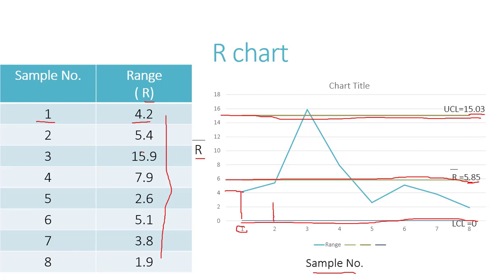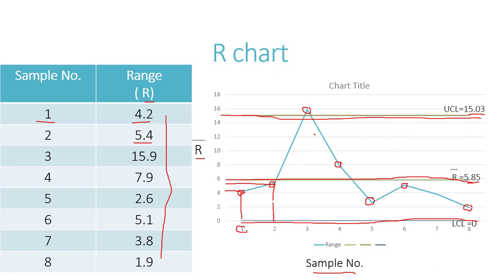The second sample number has a value of 5.4. So we will put a second point at 5.4. After getting all these 8 points, we will join them and we can get our chart.